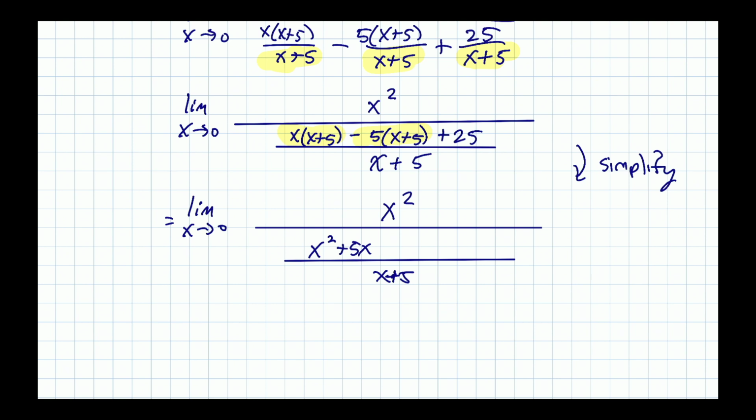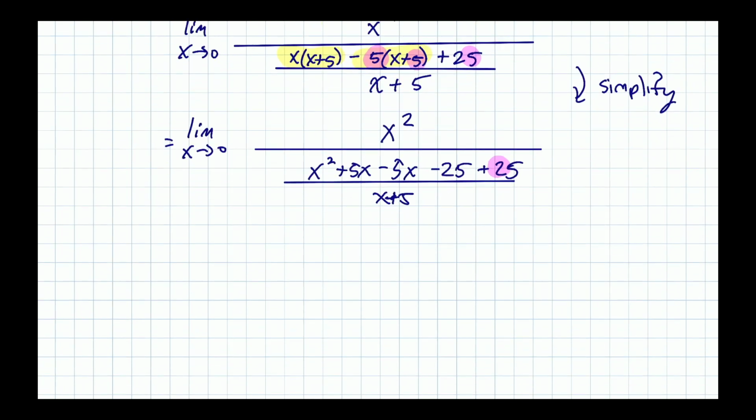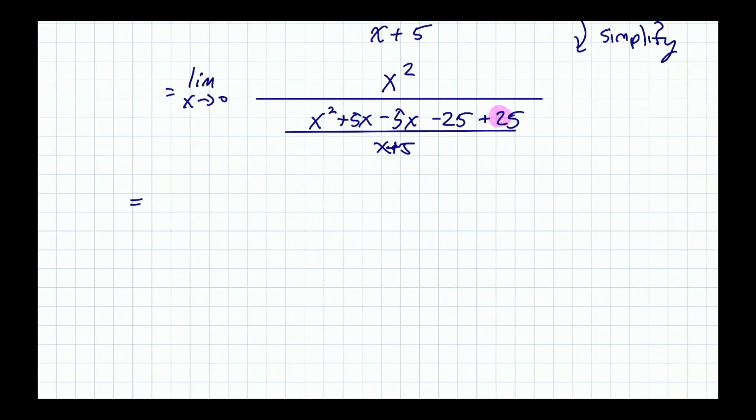Make sure you pay attention to that minus sign. So I've got minus 5x. And then with this and this, I'm going to have minus 5 times plus 5, which is minus 25. And then I've got the last 25, which is plus 25 from this. Okay, so I multiplied it all out. I think I should just be able to add these together.